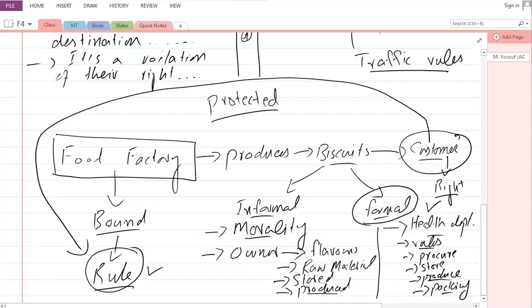So that is why we need formal mechanism in the food industry, in the oil and gas industry, in the education industry, in every aspect of life.